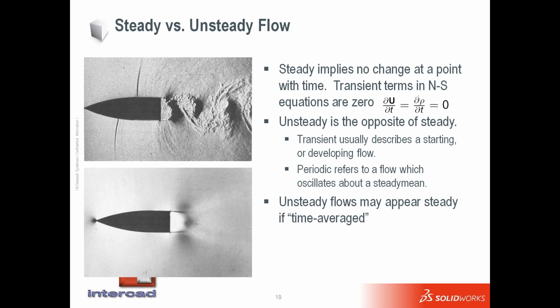The next classification is steady versus unsteady flow. Steady flow simply implies no change at a point with time. We have, for instance, an inflow of 1 meter per second. Now, 10 seconds later, 20 seconds later, 10 minutes later, there is no change.